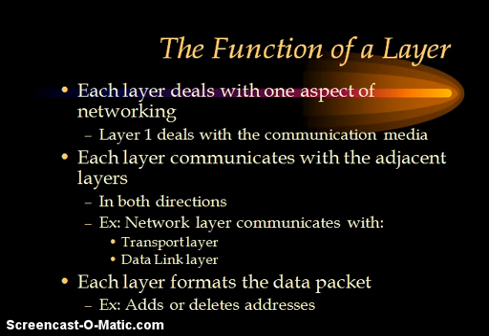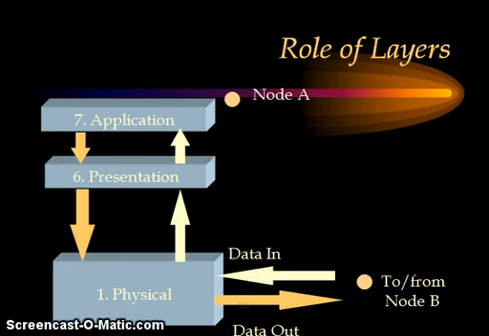As we all know, information moves in the form of data packets. An example is adding or deleting addresses. So this shows the role of layers. Let's take an example of node A and how information flows in the layers at node A. First it deals with the physical layer, and then across all the layers the information flows in to and fro directions, and from the physical layer it transmits to another layer in the form of packets.